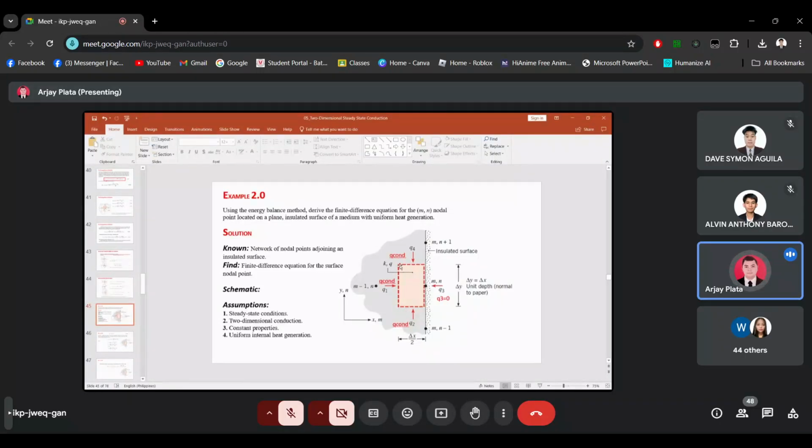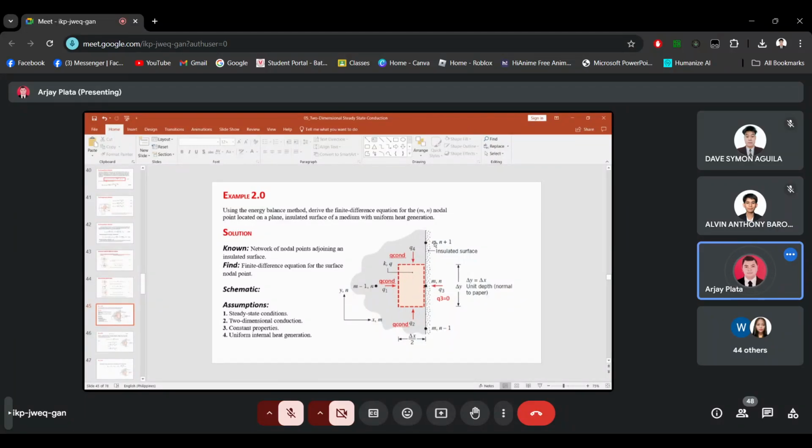So we have Q1, which is from node M minus 1,n; Q2, which is from node M,n minus 1; Q3 from node M,n; and Q4 from node M,n plus 1. We just have to add these four heat transfer rates. These are the energy coming in.